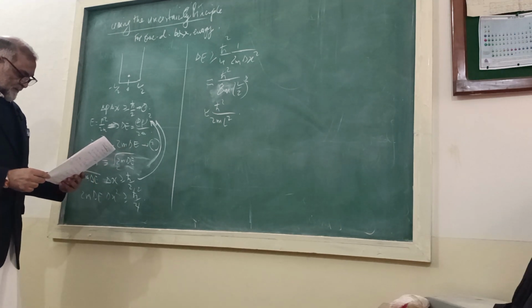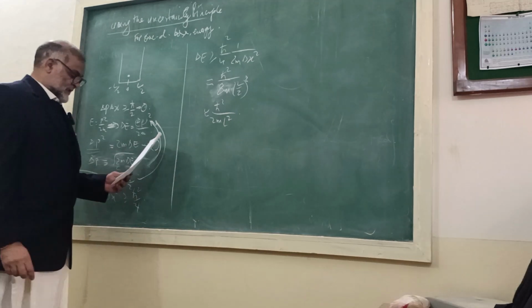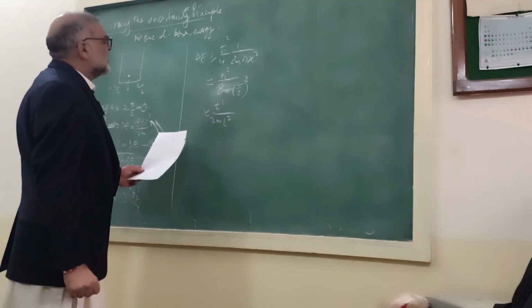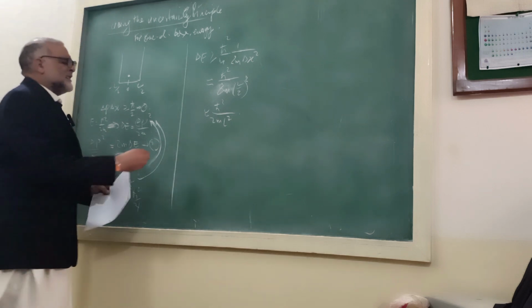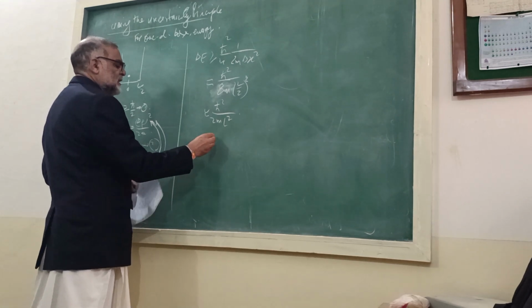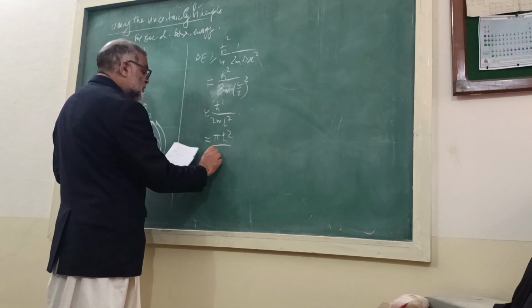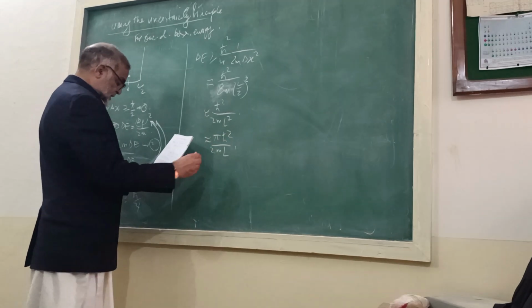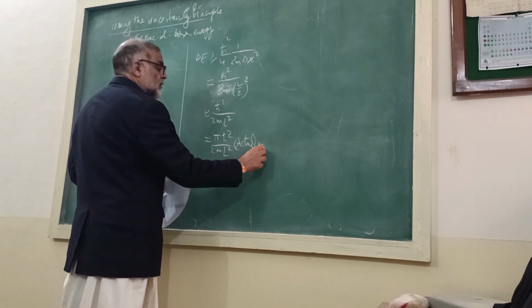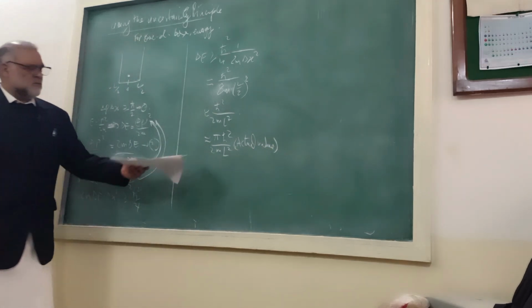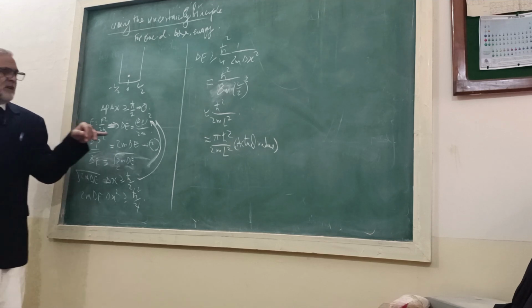So that is very close to the actual value, which is pi squared h cut squared divided by 2m L squared.